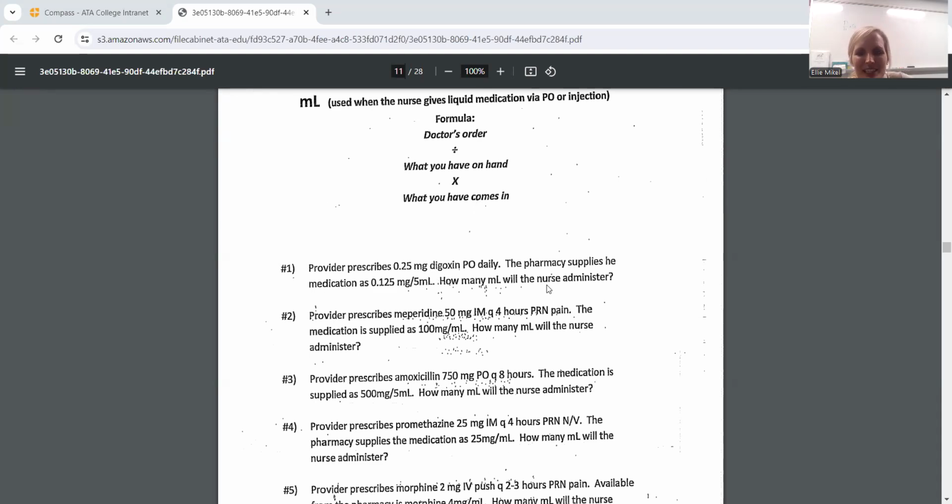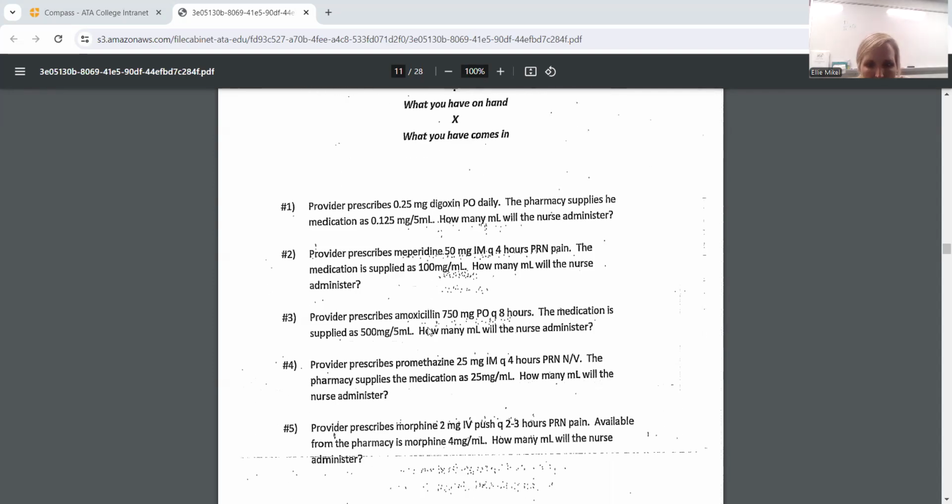Pharmacy supplies the medication as 0.125 milligrams per 5 milliliters. So here's your doctor's order. The 0.25 is D in our D over H times Q formula. 0.125 is H and 5 is Q. So it would just be 0.25 divided by 0.125, which is 2, times 5 gives me 10. So same idea here.